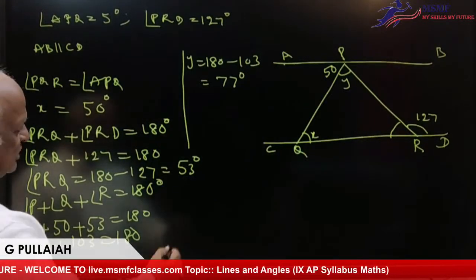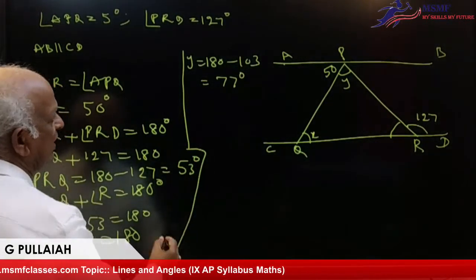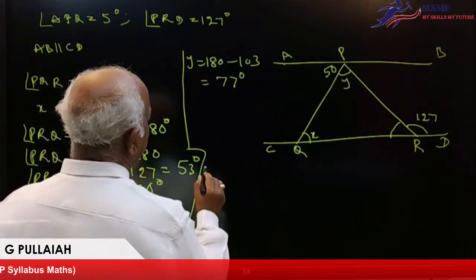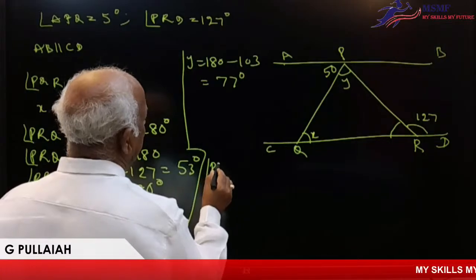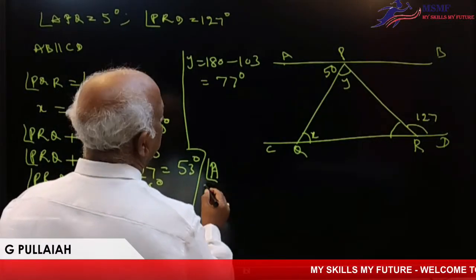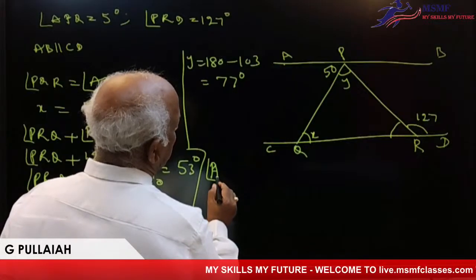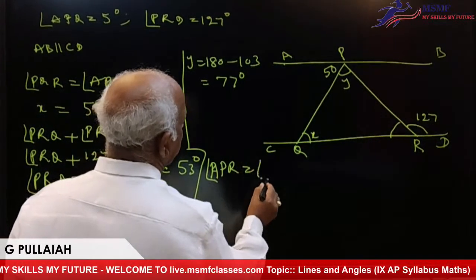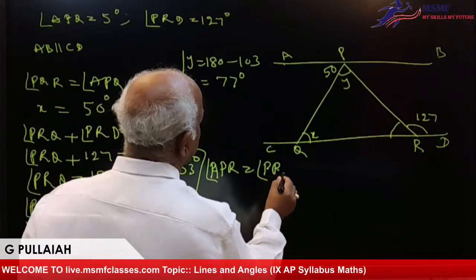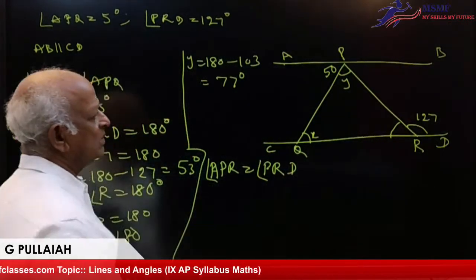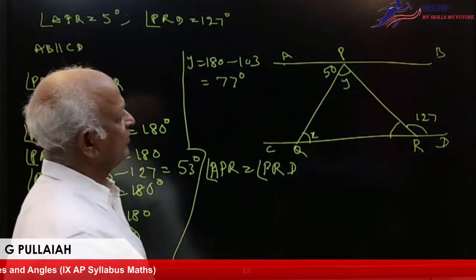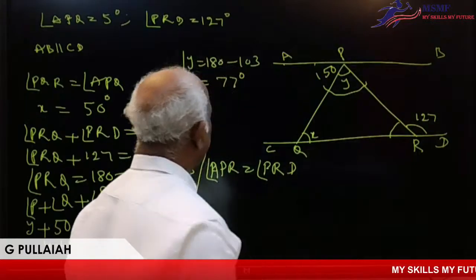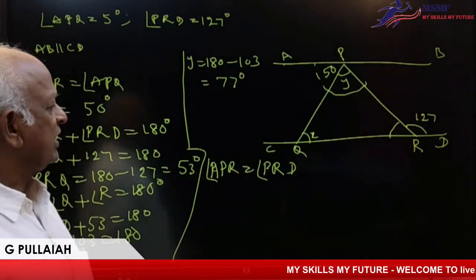This you can also do another way, based on the alternate angles. Here we can say angle APR is equal to angle PRD. Observe angle APR, angle APR is equal to angle PRD.